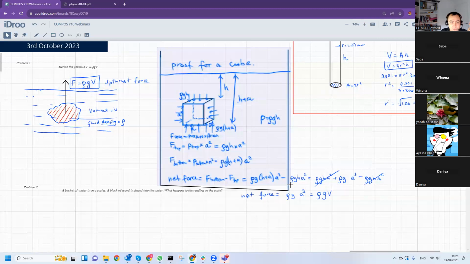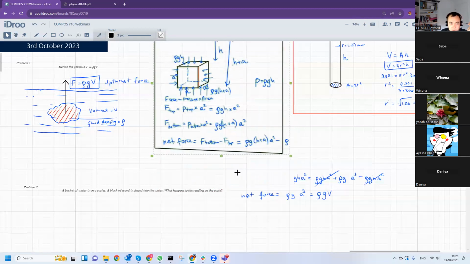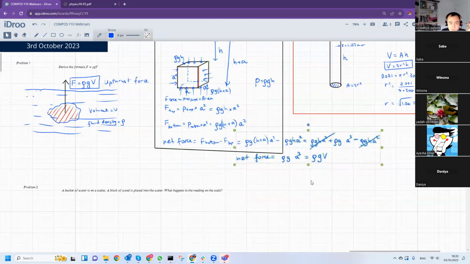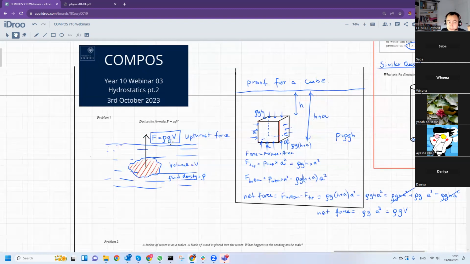Now, if you don't fully understand it, it's not the end of the world, honestly, because you can still use the result, that the upwards force. If you jump into a bathtub or a swimming pool, the water pushes you up. And for that force there's a formula: the density of the liquid multiplied by the gravity multiplied by the volume of your body.